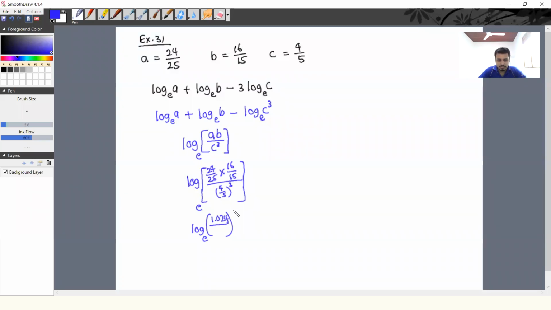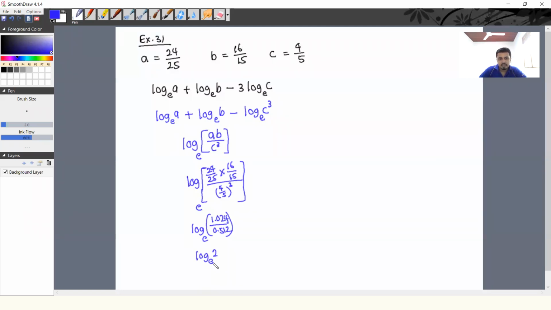In the denominator, 4 over 5 to the power 3, that is 0.512. Right. So once we simplify this, it should be log of 2 to the base e.